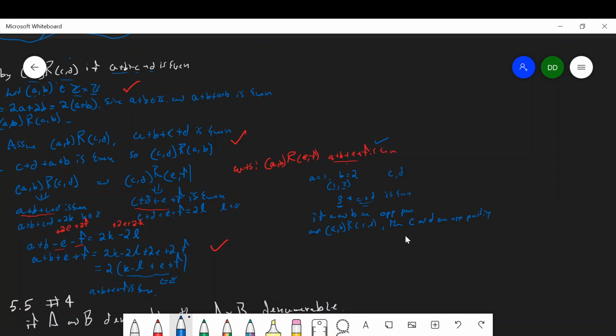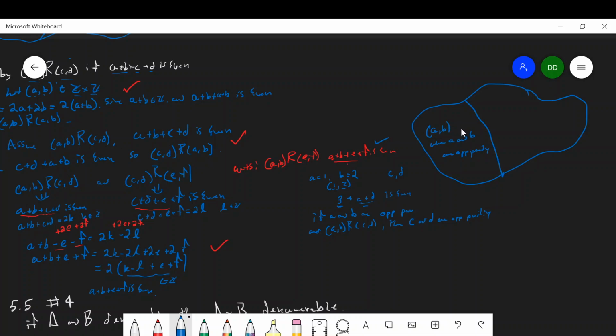And so it seems like one equivalence class would be, well, all right, let's think about that. So if AB is opposite parity, it's related to anything else that has opposite parity. So okay, starting to build the equivalence classes here. So this would be AB, where A and B are opposite parity.